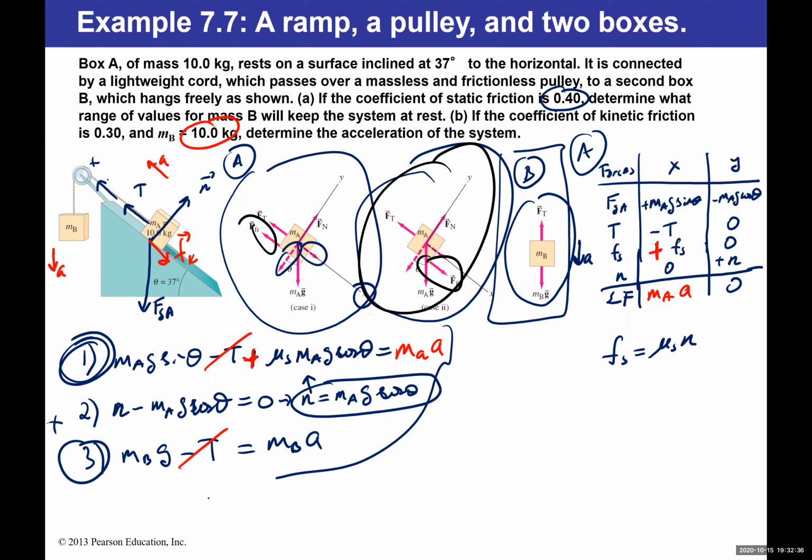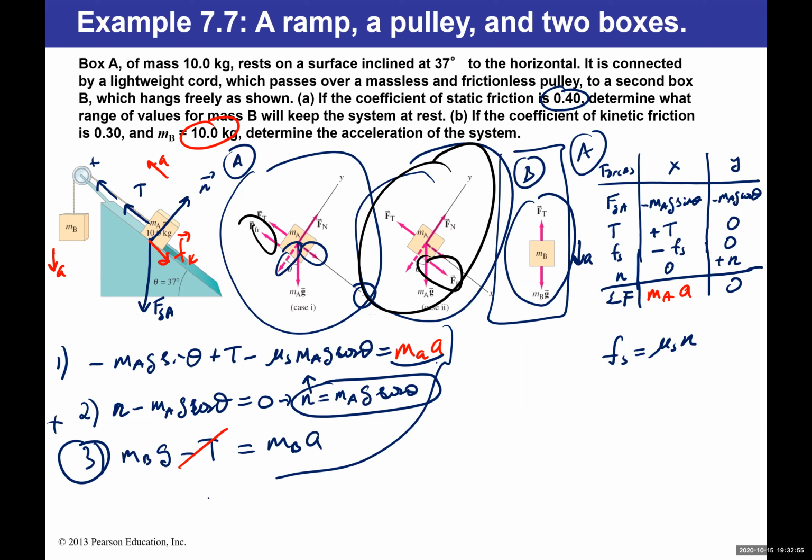So then gravity here is negative, tension is positive, friction here is negative. Then I have to incorporate that into my equation. So negative this, positive that, negative this. So this term is then positive.